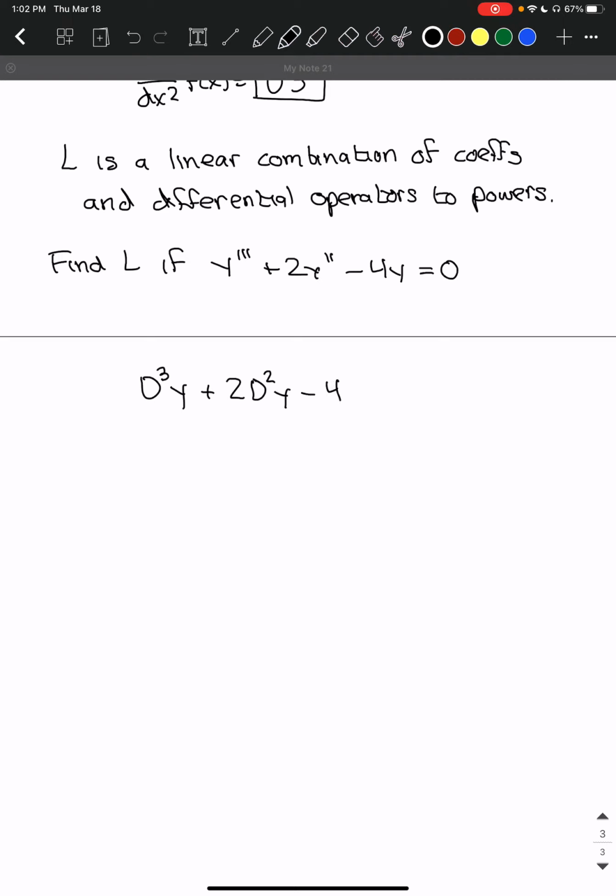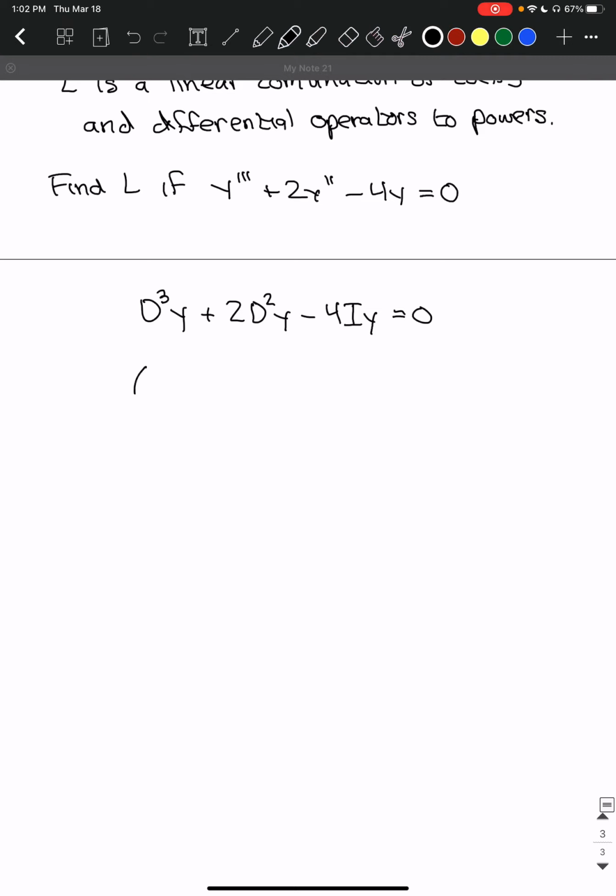I have minus 4, but since we're working in terms of operators now, I have to put in an identity operator on y. That gives me 0. And then I can pull y out front, right? So it's linear. So I can do D cubed plus 2D squared minus 4 times the identity on y is equal to 0. And this right here is what we call L.